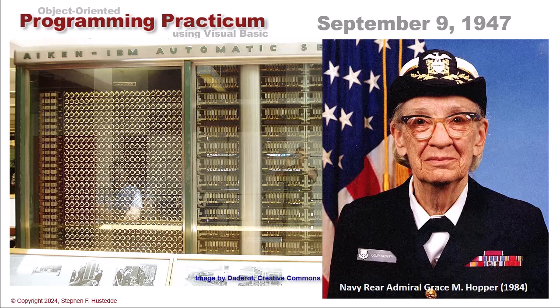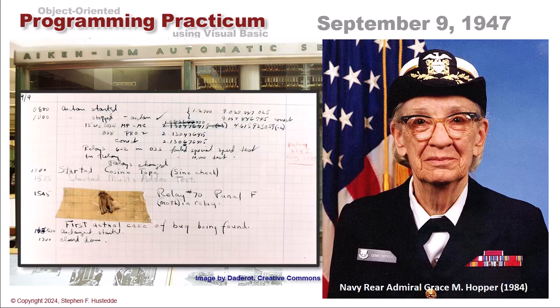And one of the programmer operators at the time was Grace Hopper, who became a rear admiral in the Navy. This is her picture in 1984. But she explored the problem and went in and took a panel off and discovered inside the computer was a moth. And that moth had died and shorted out one of the relays. And here is her logbook from that date of September 9th, 1947.